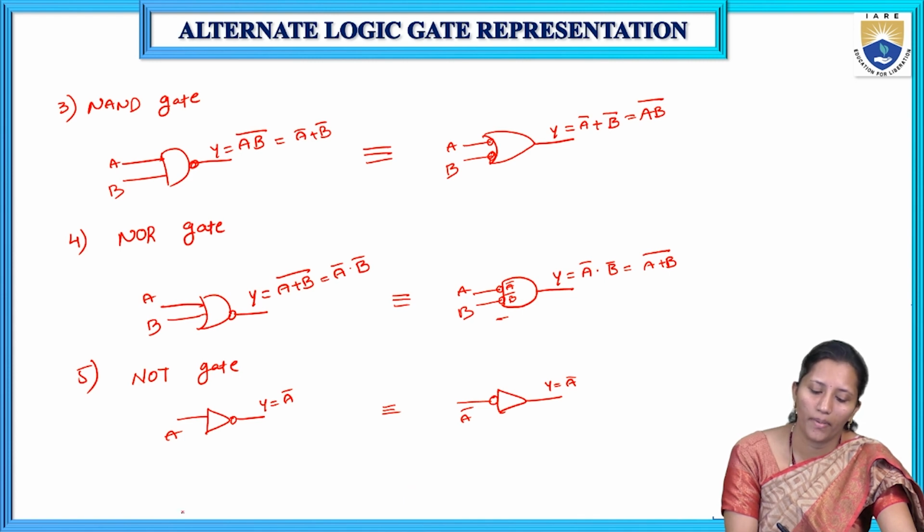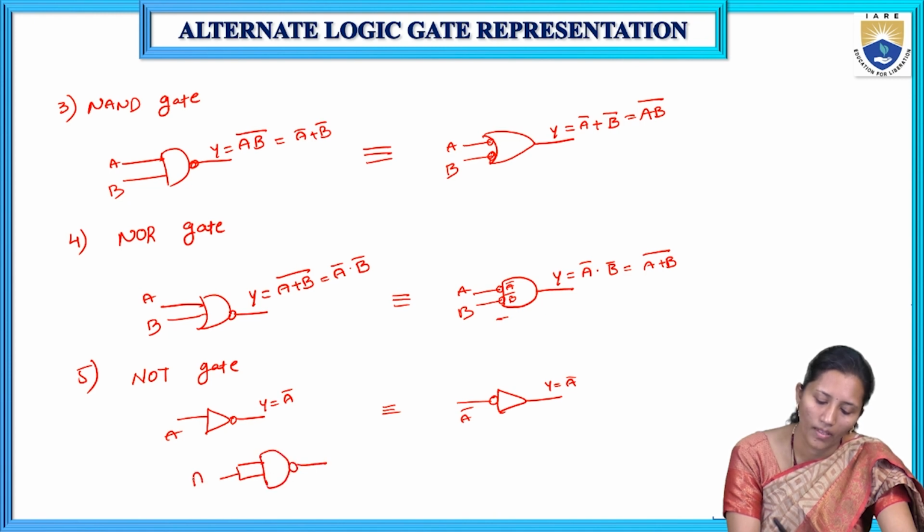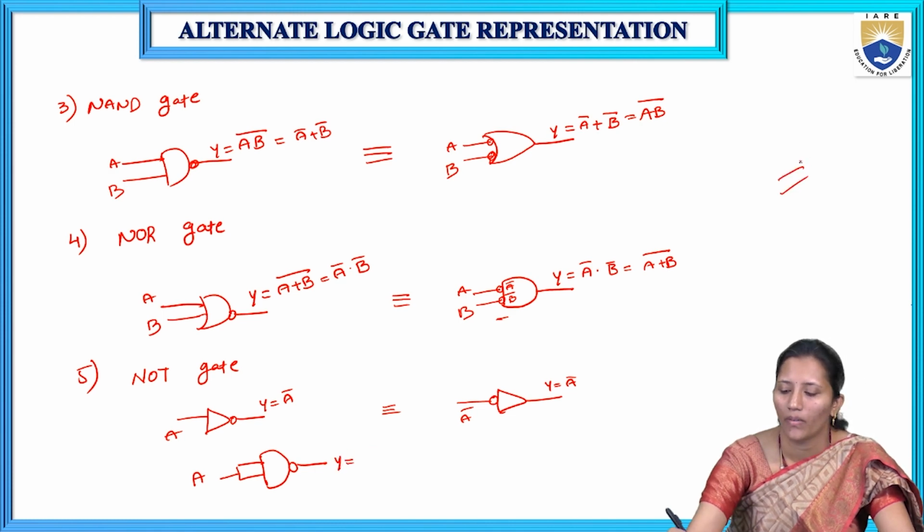If we want to represent the NOT gate in terms of NAND and NOR realization, this is the equivalent circuit for the NOT gate using NAND. What is the NAND gate equation? Y is equal to (A dot B) whole bar.